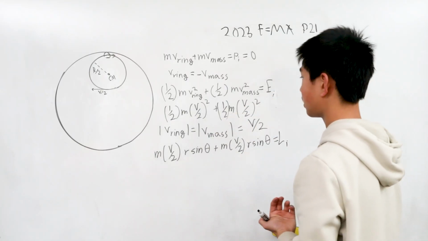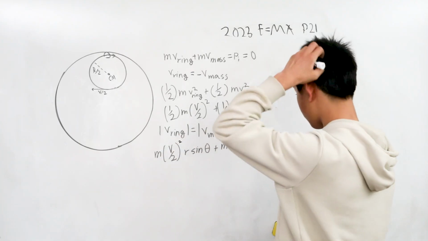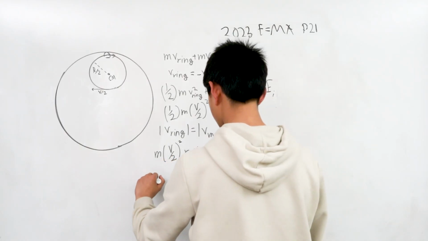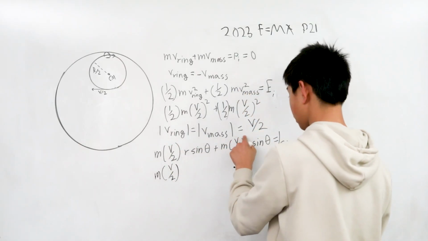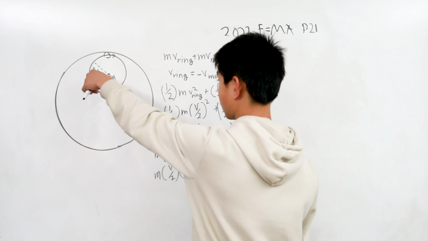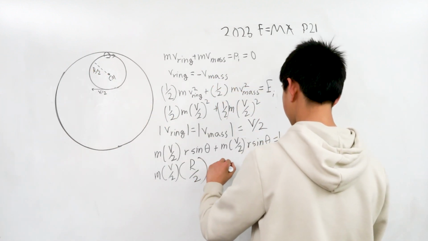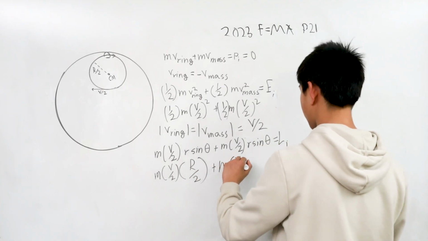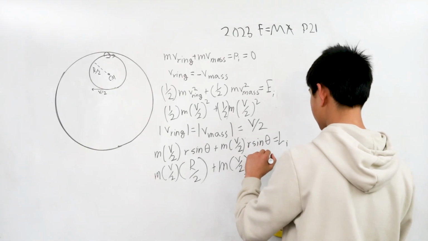This is the same process every single time here. Now we can also equate this to m v over 2 times r over 2, as shown in this figure above depicting the scenario. So this becomes m times v over 2 times r over 2, and then you add that again, which is also equal to our initial angular momentum.